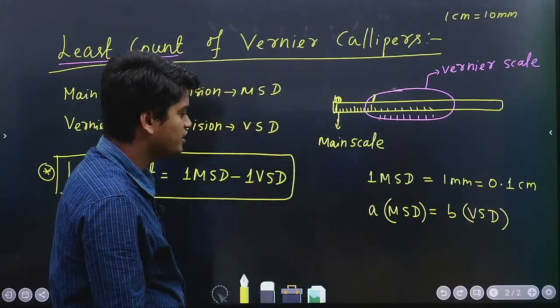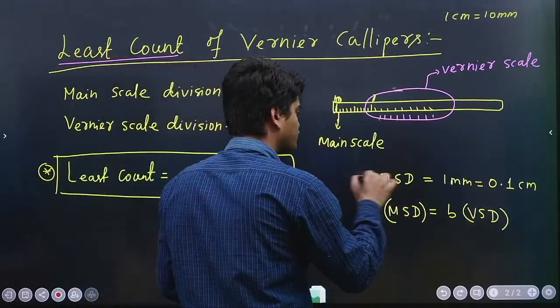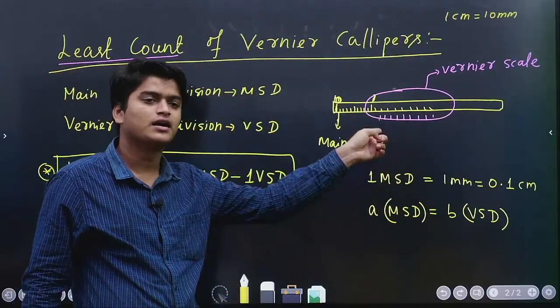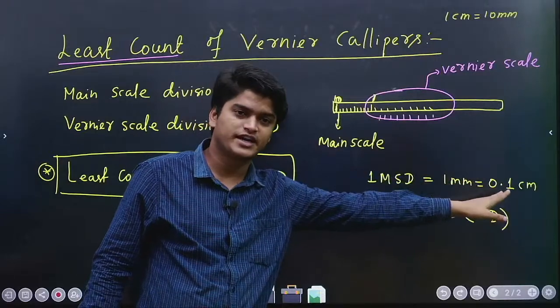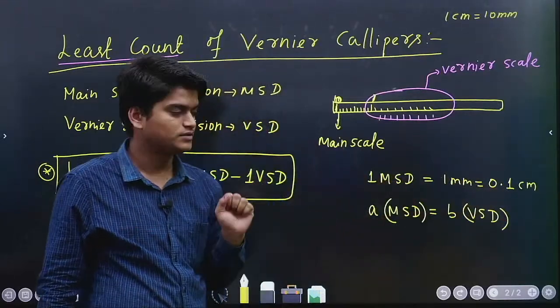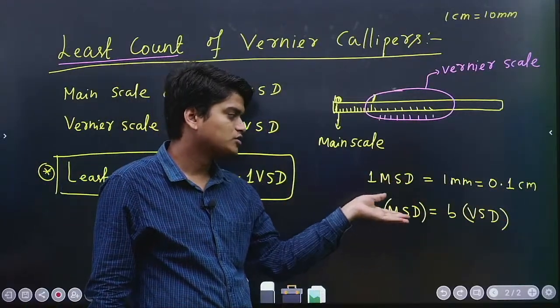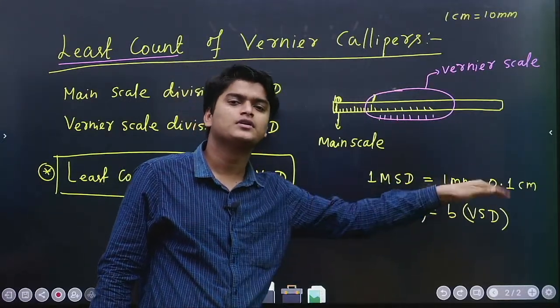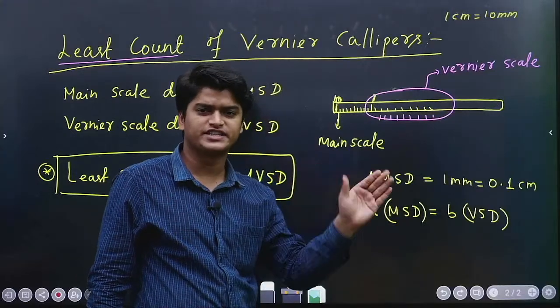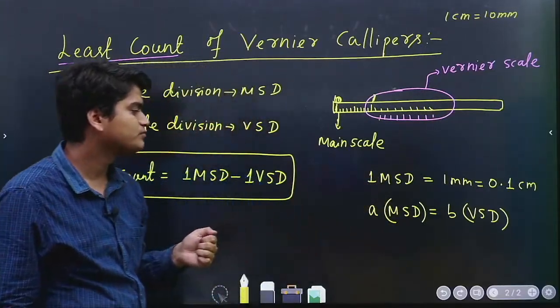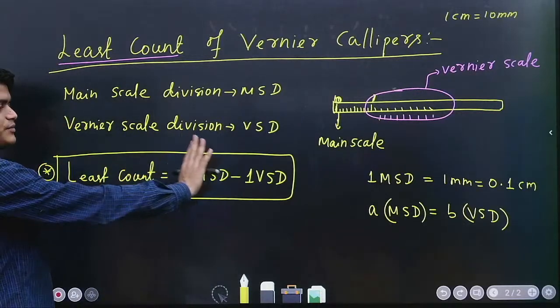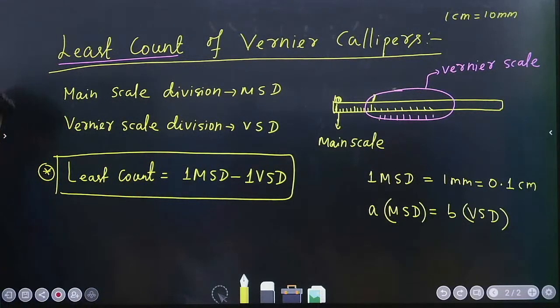Now in our questions, mostly they'll give 1 MSD equal to how much millimeter or centimeter, indirectly or directly. Second thing, some main scale divisions are equal to some vernier scale divisions, like coincidence. That type of thing they'll mention. Then they'll ask what is the least count. So the least count is 1 MSD minus 1 VSD. One example also I'll give.